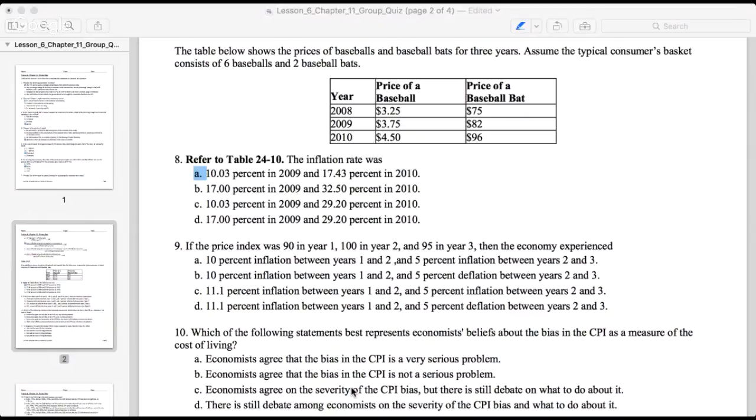Can I ask you something? Using year 2008, what did you get when you computed the index? When you did the 189.5 divided by 169.5 times 100, what number did y'all get?